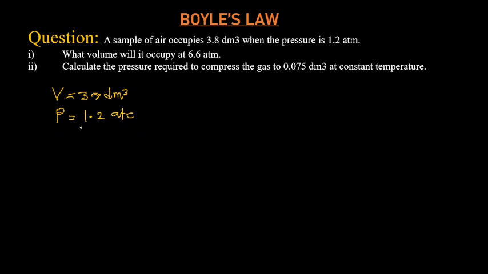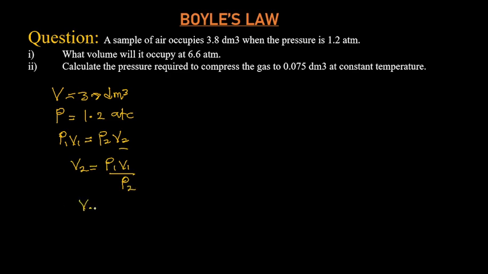We will have to use our expression P1 V1 equals P2 V2. Okay, now we are looking for a new volume at a new pressure. So what we are actually looking for is V2. Now when we make V2 the subject, we have P1 V1 divided by P2.